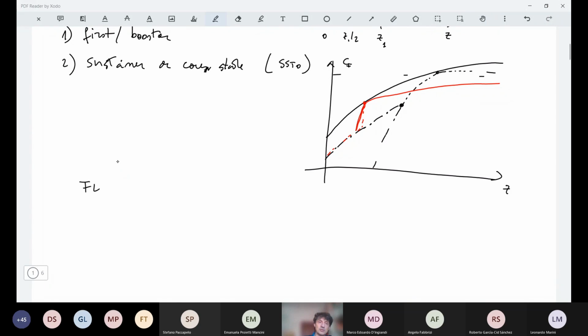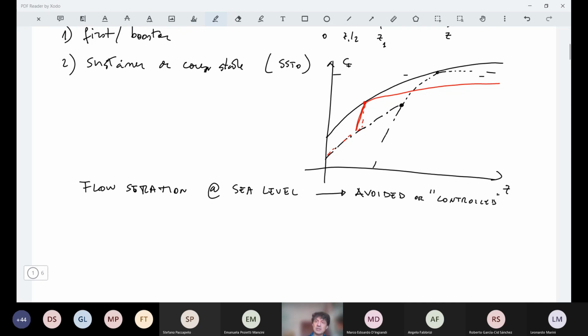So flow separation at sea level must be avoided. And what is the reason? Or at least, let's say, controlled.